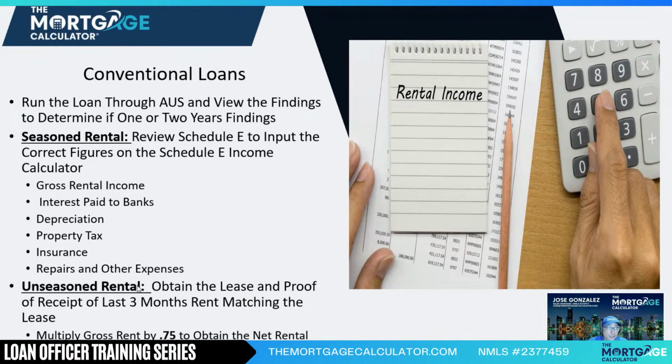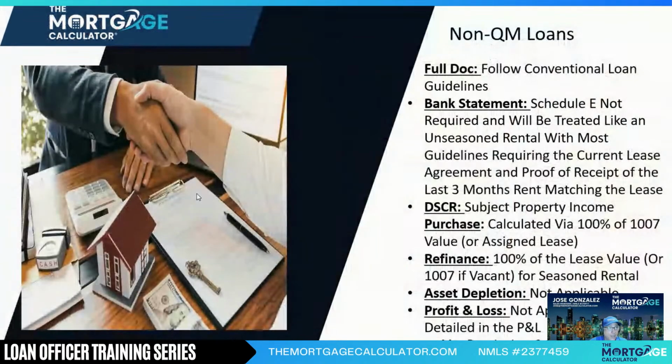So this is very important right here for your conventional loans or for any full doc type loans. I say conventional loans here because we're talking about AUS, right? So what about non-QM loans, which I was just touching on.